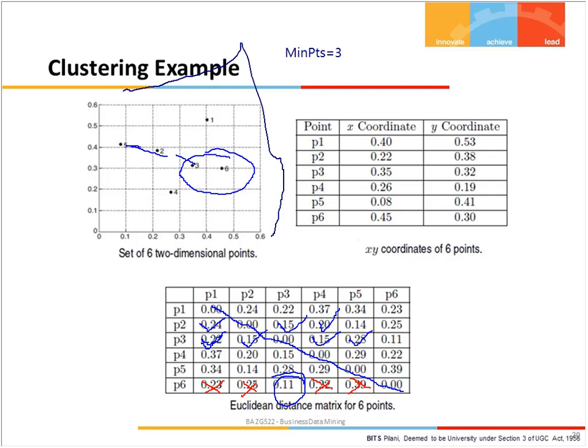I will change it to 0.3. Okay, epsilon is 0.3 and min points is 3. So now I start considering this. Let me look at P3. P3 is going to be a core point, right? P3 will be a core point.